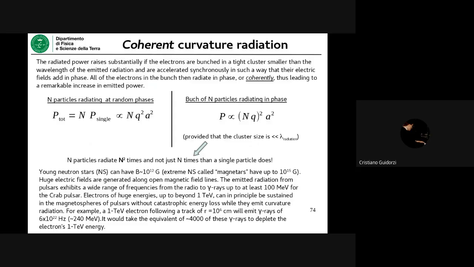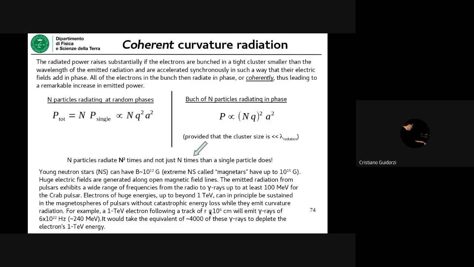For example, here there is an example, if you just apply the formula we've seen in the previous slide. Take a one TeV electron, so 10^12 eV, much higher than the 10^7 eV that was the limiting case in the previous example for this kind of magnetic field. I'm still using as an example this 10^12 Gauss.